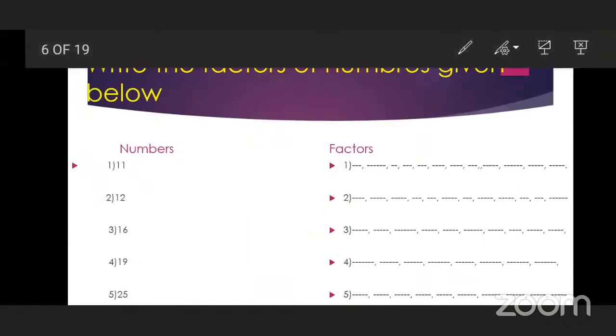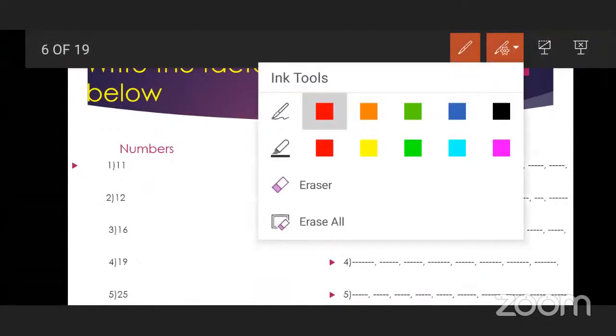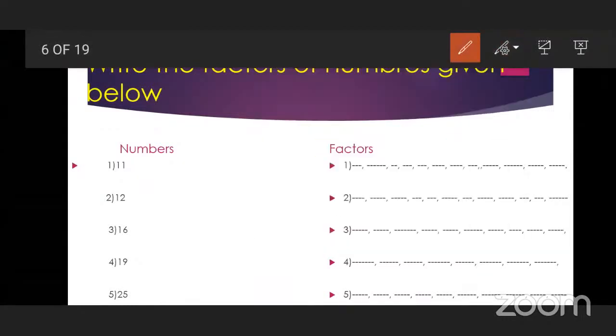So see students, I will write here: factors of 11 are 1 and 11, the number itself.